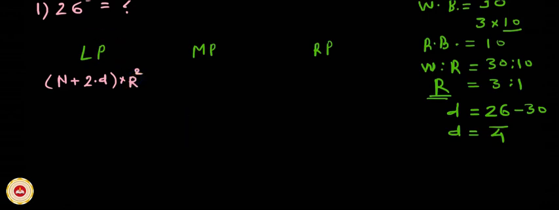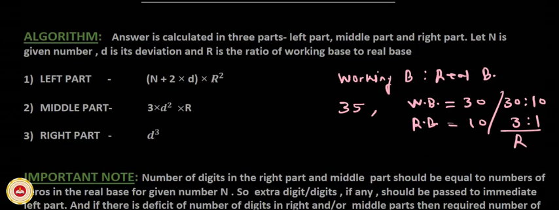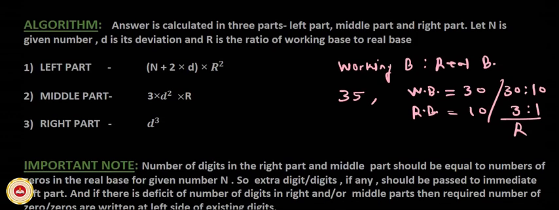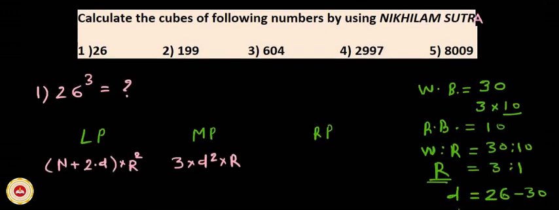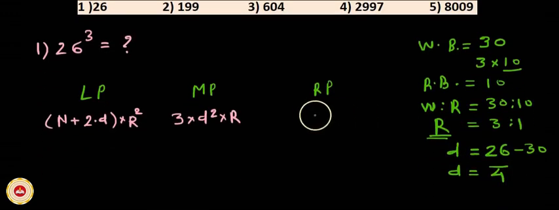What is the middle part? The middle part is 3 multiplied by d squared multiplied by r. What is the right part? The right part is d cubed, deviation cubed.